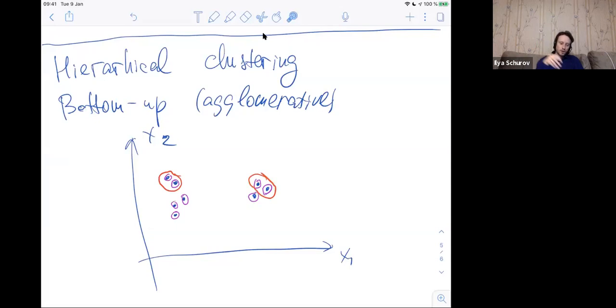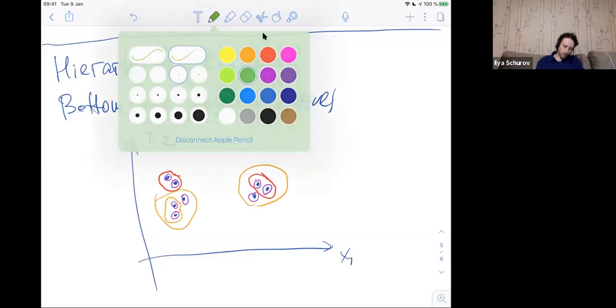Every time we get 2 clusters such that the distance between these clusters is the smallest, and we merge these 2 clusters into a new cluster of the larger size. So we can continue: then we merge these 2 points, then we merge this cluster, then this cluster, and finally this cluster.